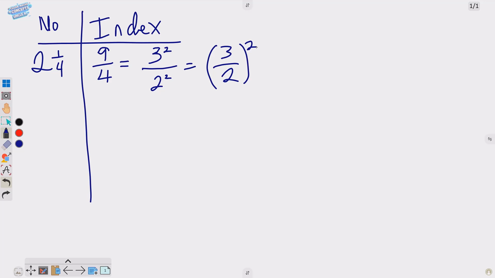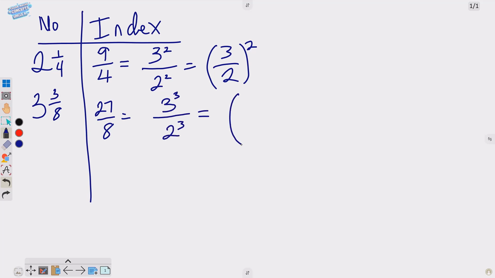So if you have 3 whole number 3 over 8, this would be 3 times 8 is 24, plus 3, that's 27 over 8. So this will be 3 raised to power 3 and 2 raised to power 3.